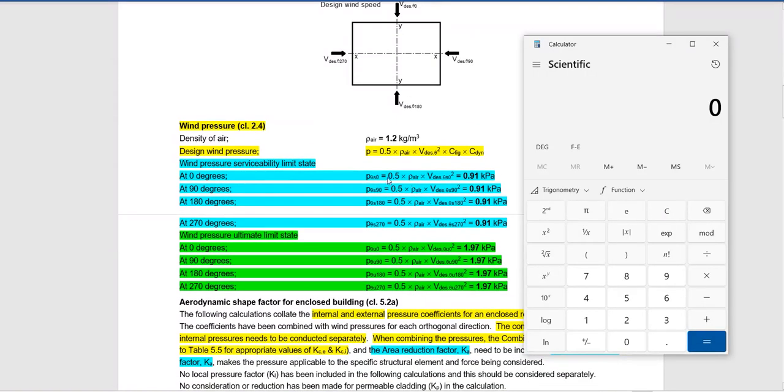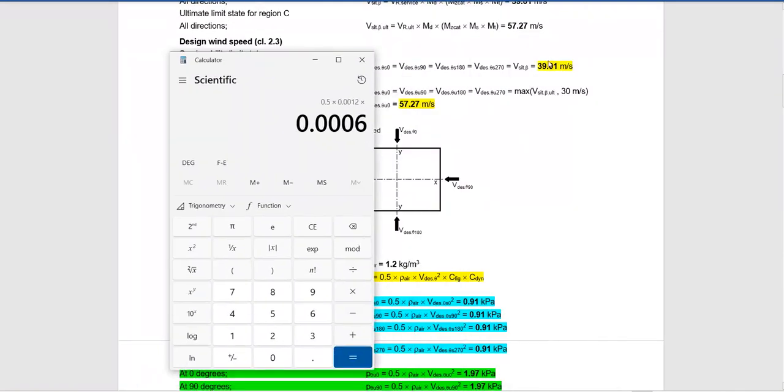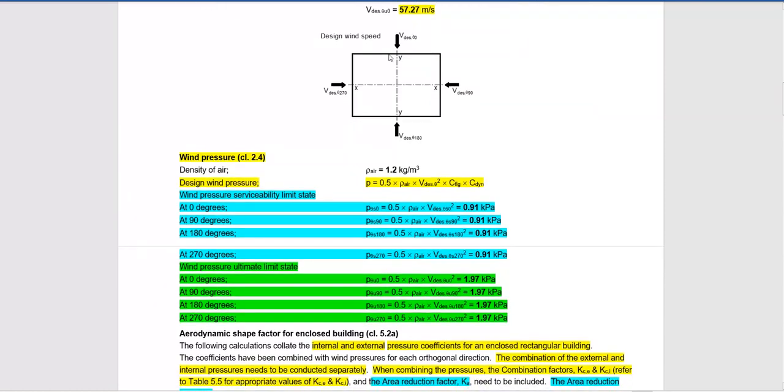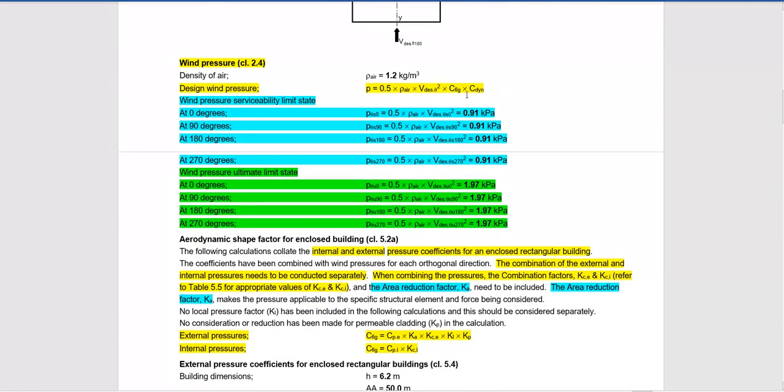For example, at 0 degrees, it is 0.5 on a calculator, times the density of air, which is 1.2 kilograms per cubic meter, converted into grams, 0.0012, and then multiplied by the serviceability limit state wind speed, which is 39.01 meters per second, squared. That equals 0.91, a constant value, but I have not found the Cfic and C dynamic yet, so we are going to find those values later on.